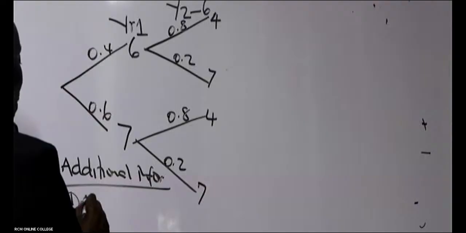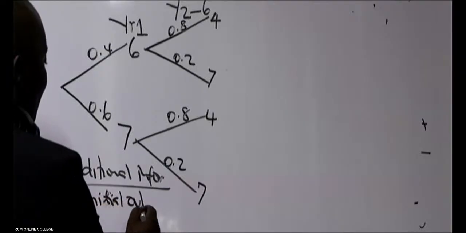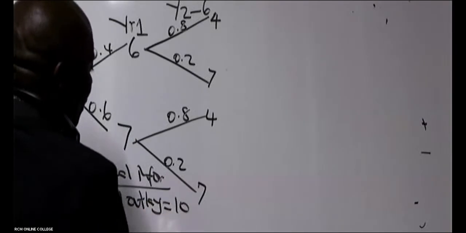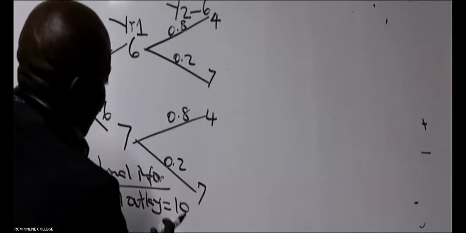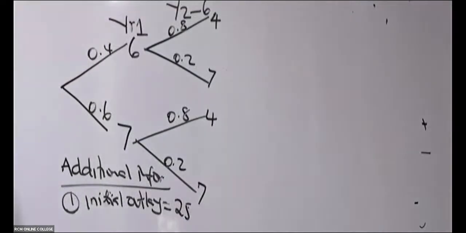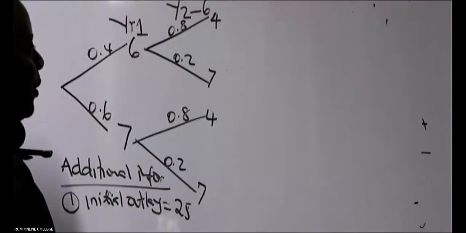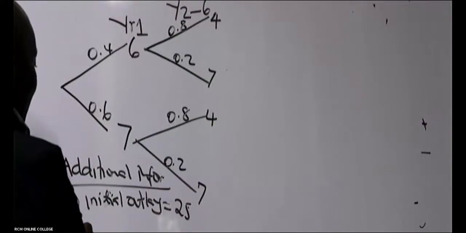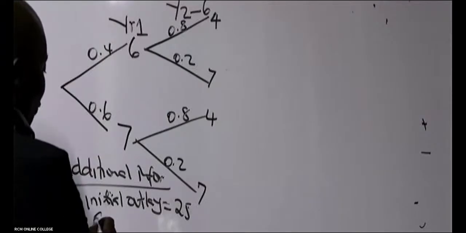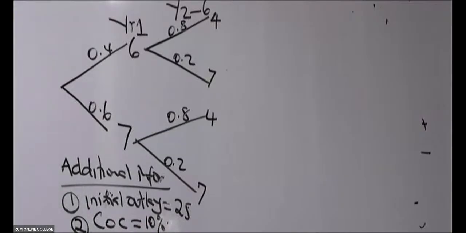Number 1, you are told the initial outlay is 10. But that's quite low, so let's talk of an initial outlay of 25. And then you are told, number 2, ladies and gentlemen, that the cost of capital is 10%.